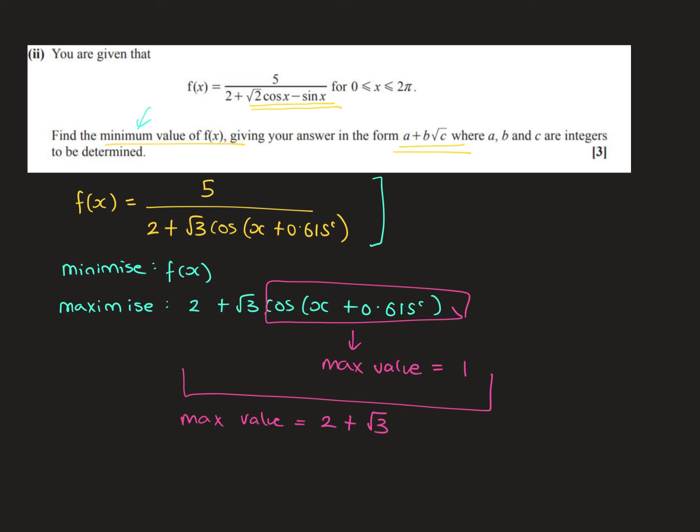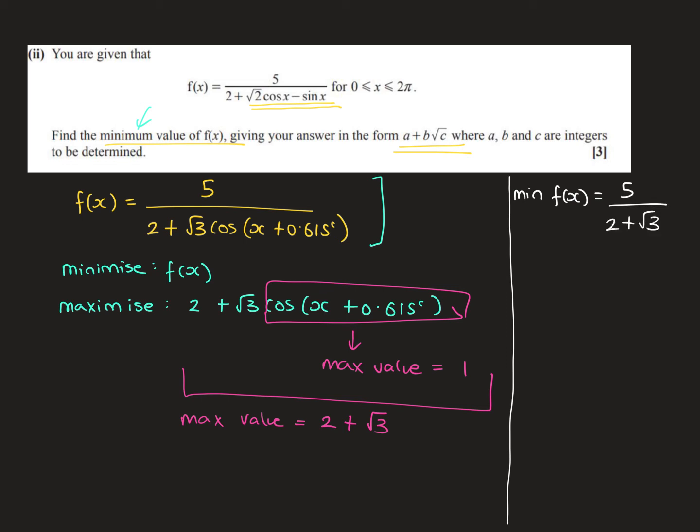So that tells us that the denominator, when it's equal to 2 plus root 3, gives us the maximum value of the denominator and the minimum value of f of x. So the min f of x is equal to 5 over 2 plus root 3.